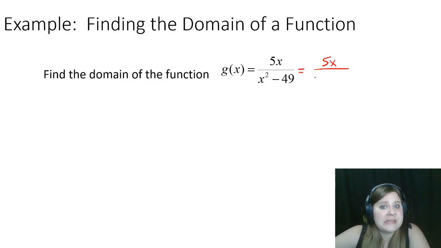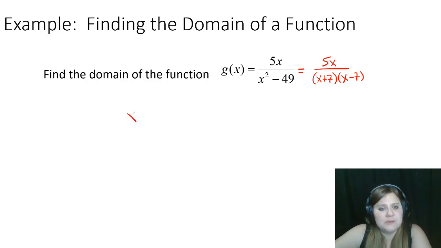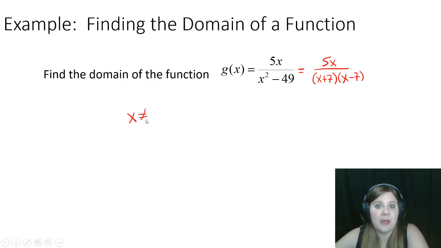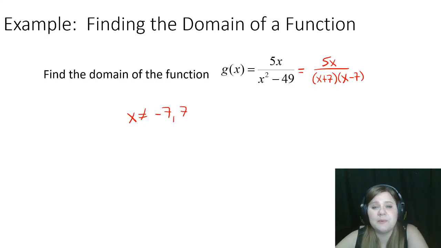X squared minus 49 factors to x plus 7, x minus 7. Now, I ask you, what two x values can x not be? Well, it can't be negative 7, and it can't be positive 7, because in both of those cases, it makes the denominator of the fraction 0.